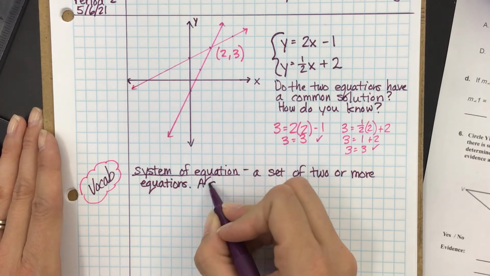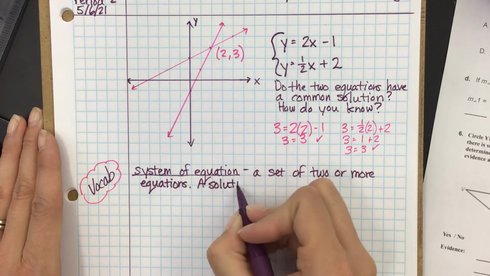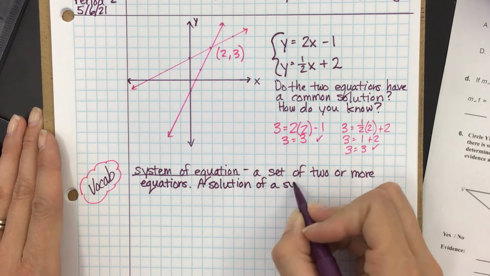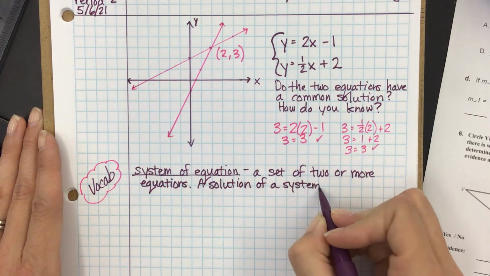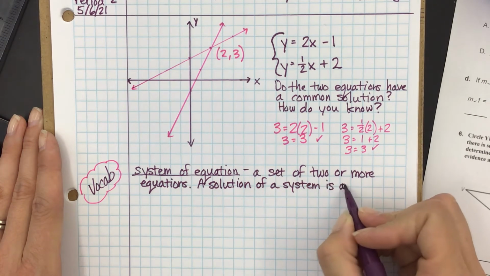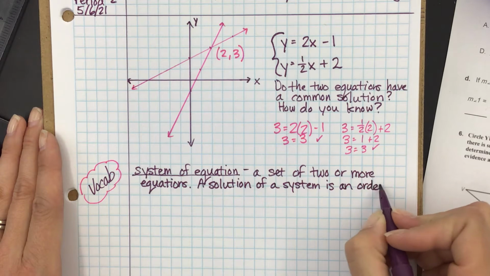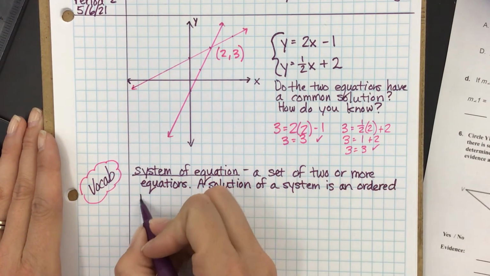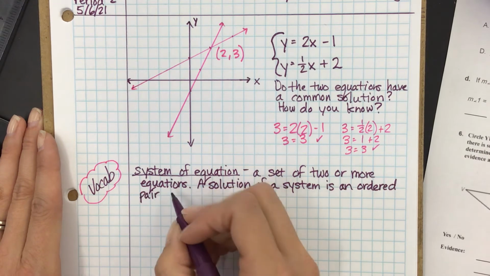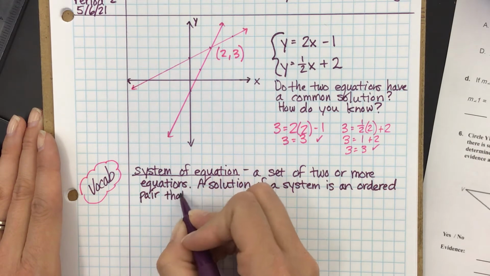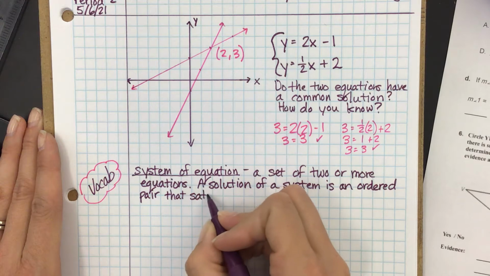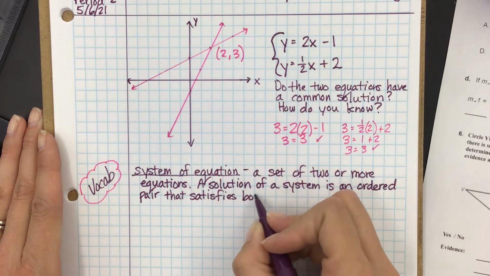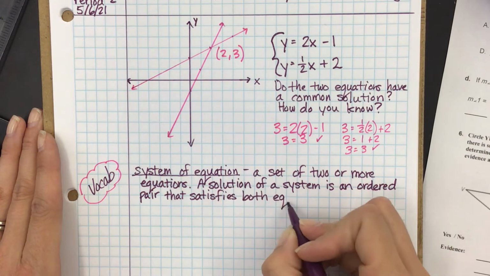A solution of a system is an ordered pair, which we just saw up there, an ordered pair that satisfies both equations.